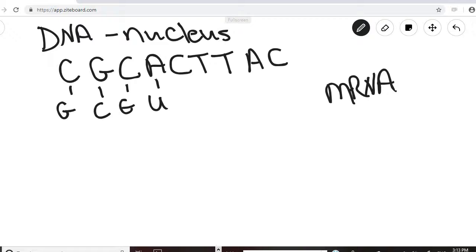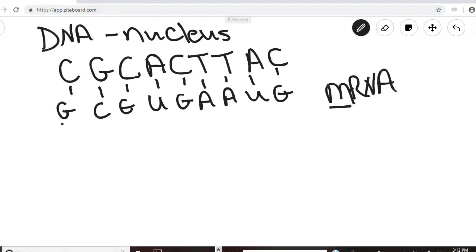So the A will bind with uracil, C with G, T with A, T with A, A with uracil, and C with G. Okay, so this would be the strand of messenger RNA that will carry the message of the DNA from the nucleus into the ribosome.